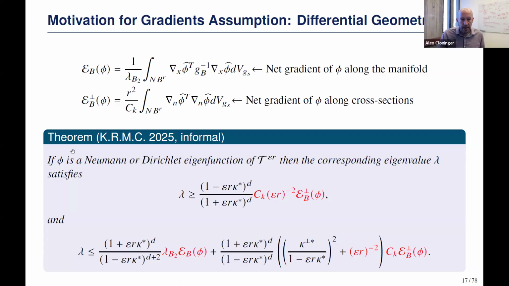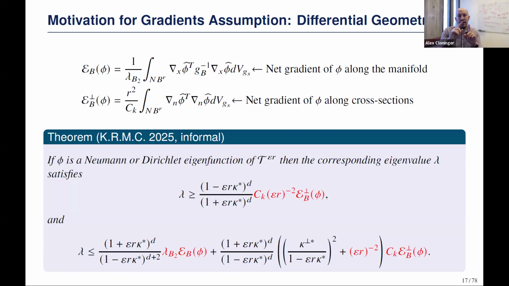And what we show is if we have an eigenfunction of the noisy manifold, the eigenvalue has to follow two things. The eigenvalue is going to be lower bounded by some properties involving curvature and reach and tubular size. But the key here is this last term. It's going to be lower bounded by something multiplying the noise, the variation in the normal direction. Okay, so what does that mean?